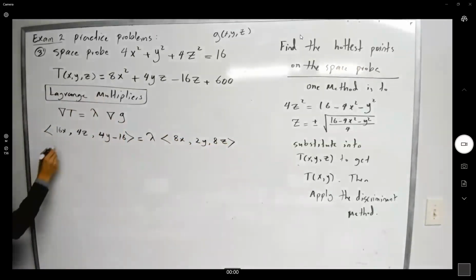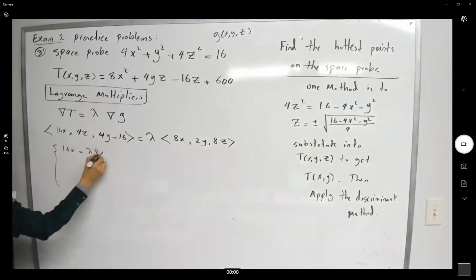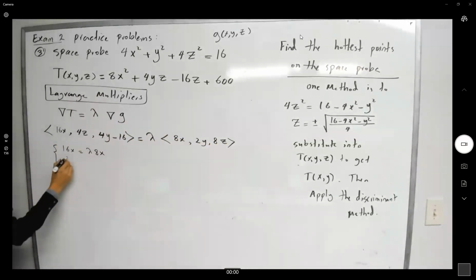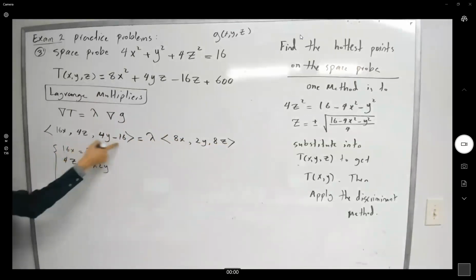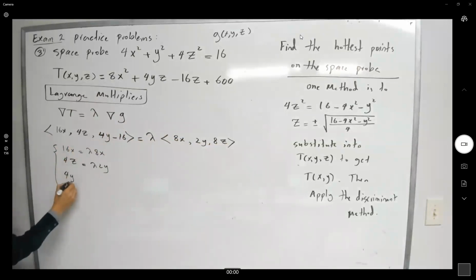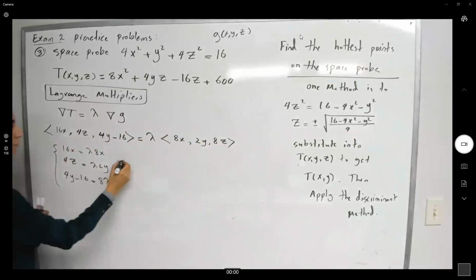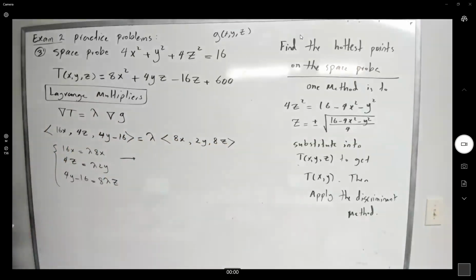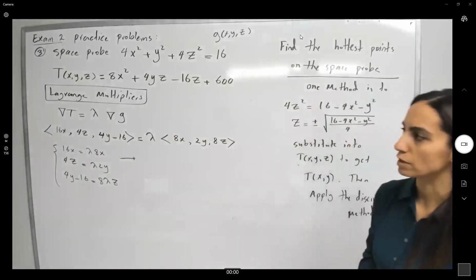And the rest, as you know, is setting the first components equal to each other, the second components equal to each other, and the third components equal to each other. Then try to figure out what x is in terms of the rest of them, and you can actually work with lambda as well.